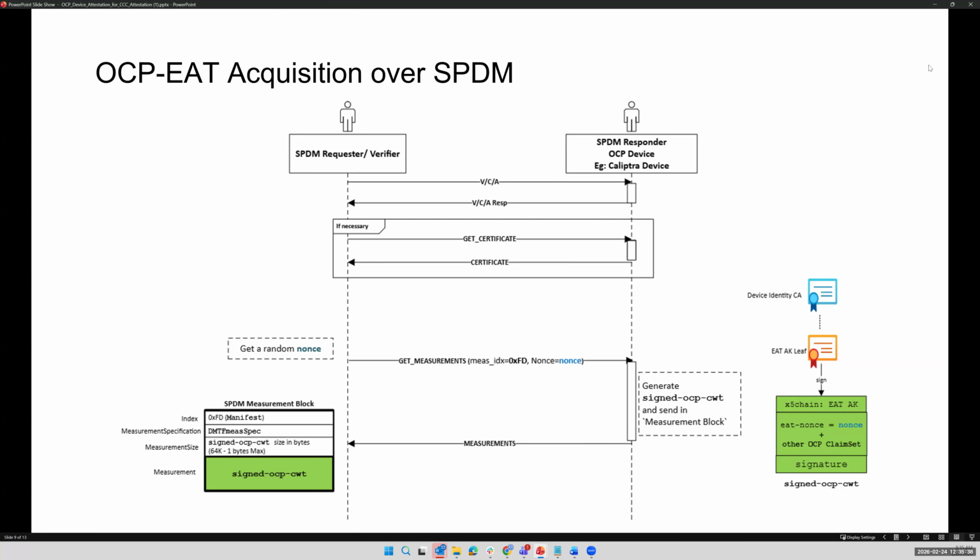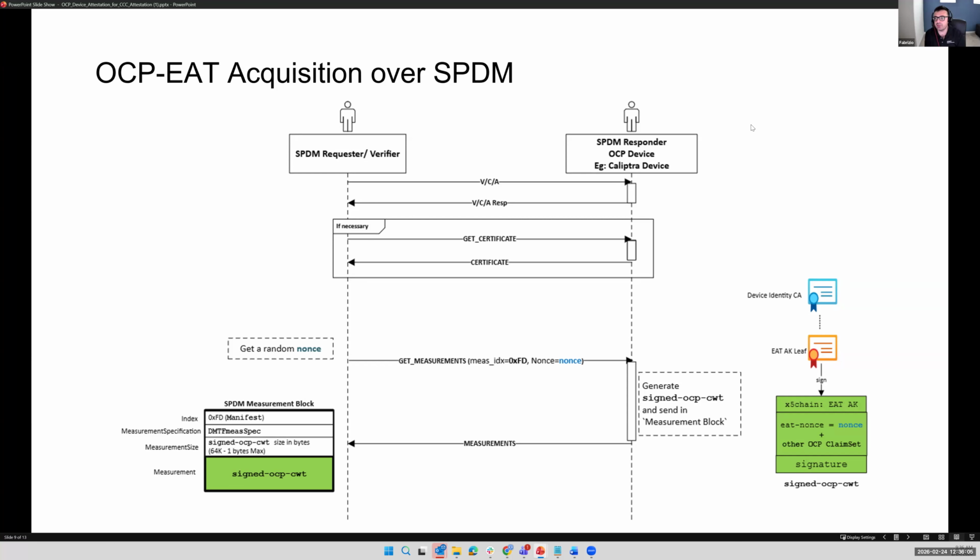This signed OCP EAT in CWT format is sent as a measurement block value within the SPDM measurement block. So the requester receives this measurement block, and this measurement value itself, the signed EAT token, alone can be passed to the verifier, for example, for remote attestation. Going to the next slide.